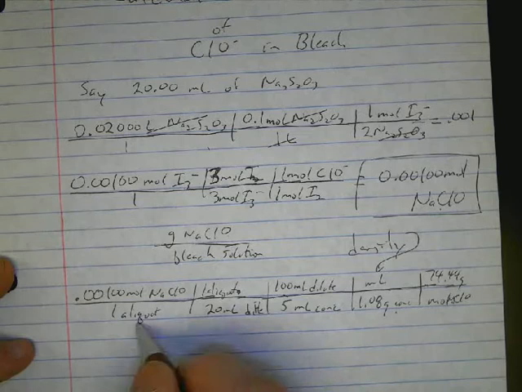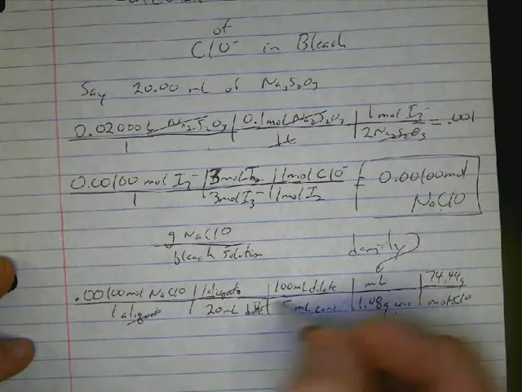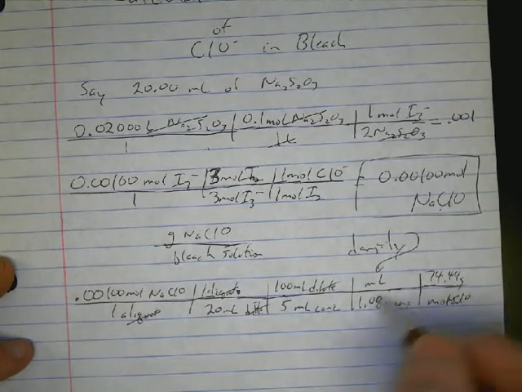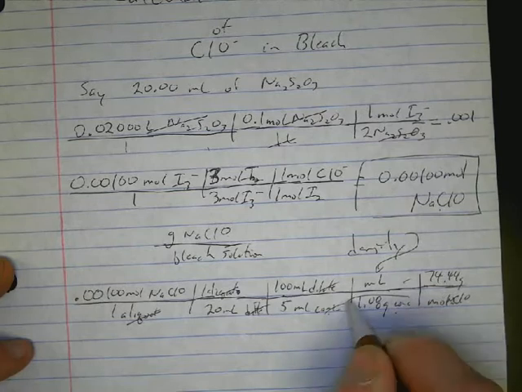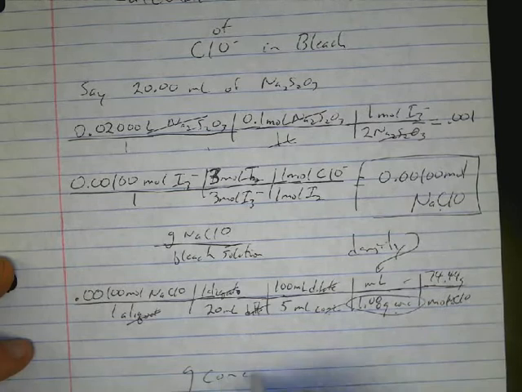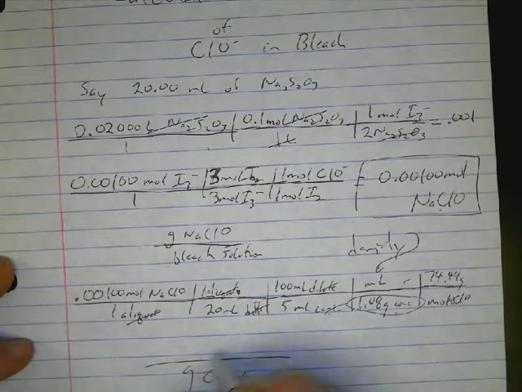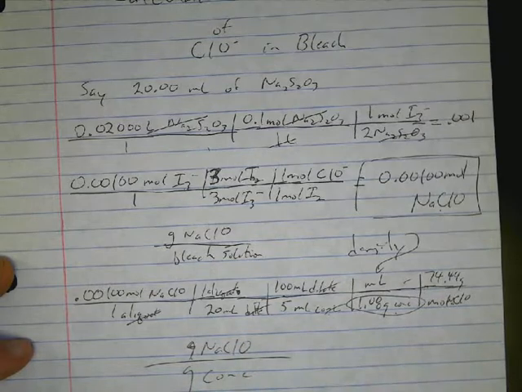Okay? So you guys do the math. I'm sure that when you do the math, you're going to figure out that aliquot cancels, dilute cancels, concentrated cancels, and you're left with grams of concentrate on the bottom and grams of sodium hypochlorite on the top.